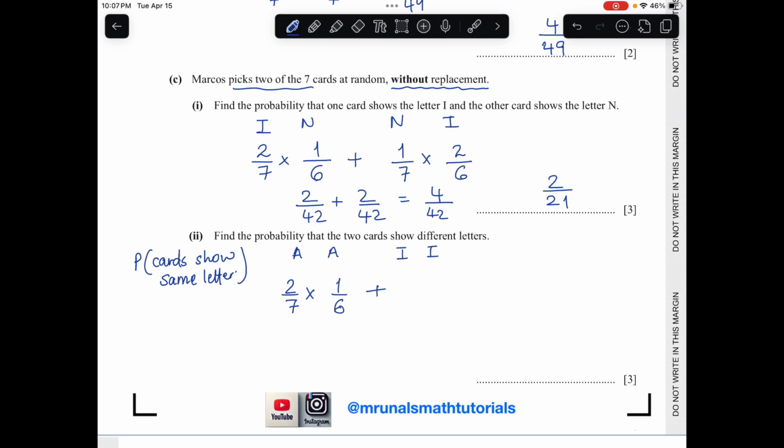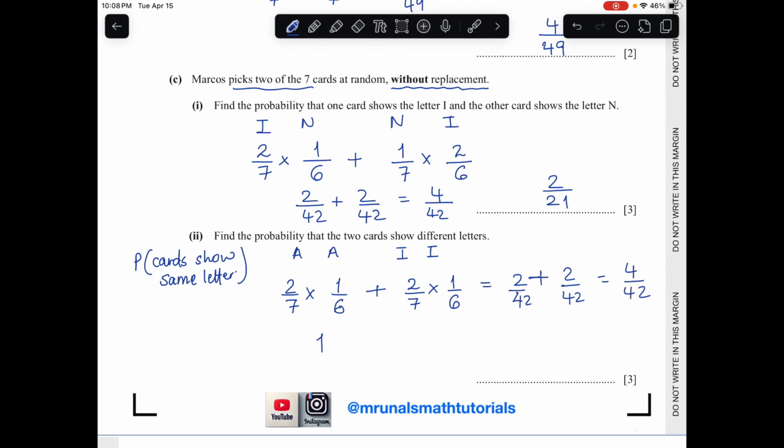Or there are two I's again: 2 out of 7 times 1 out of 6. Let's work this out. This becomes 2 out of 42 plus 2 out of 42, which is 4 out of 42, or 2 out of 21.